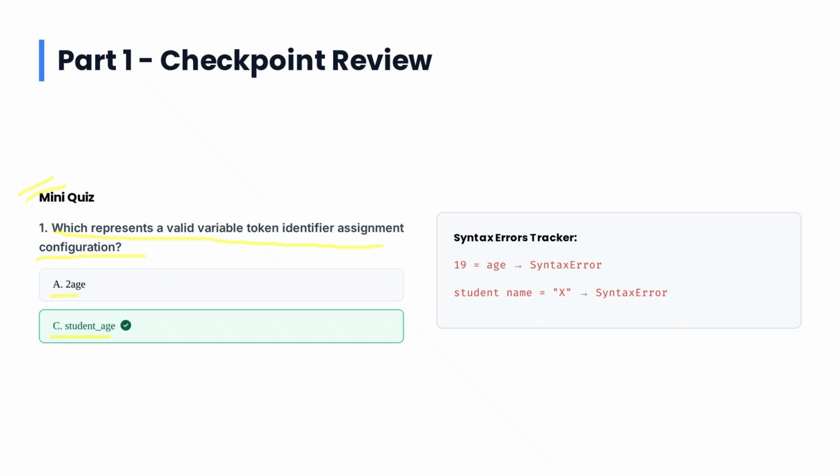So the correct answer is option B. Here, a syntax error is given: 19 = age is a syntax error because the variable name must be on the left-hand side and the value must be on the right-hand side. Student name = 'X' is also a syntax error because white space in a variable name is not legal.